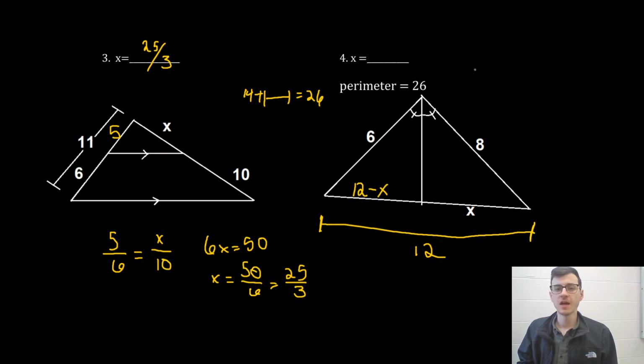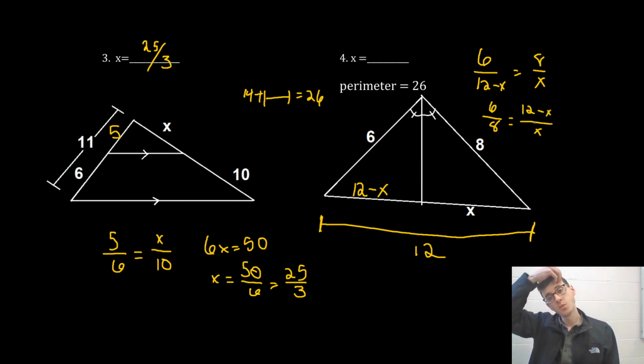So then now I've got something I can work with, right? And whatever you like, right? We can do 6 over 12 minus x equals 8 over x, or you could say 6 over 8 equals 12 minus x over x. Whatever floats your boat. This second option is kind of nice because it simplifies to 3 over 4.